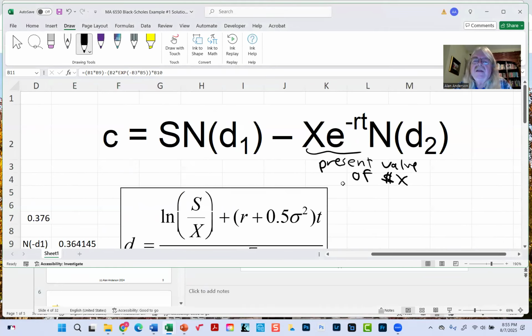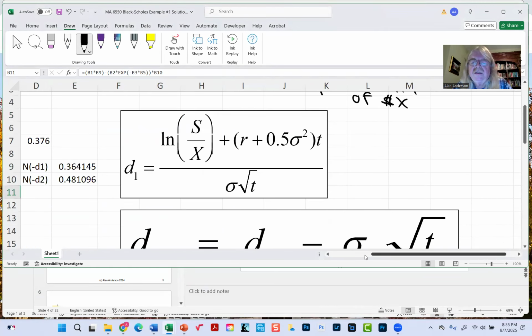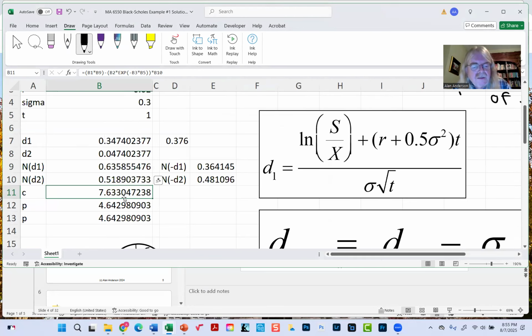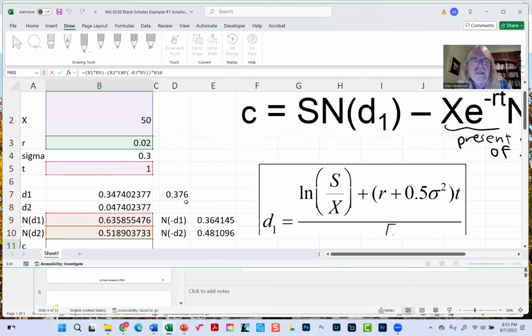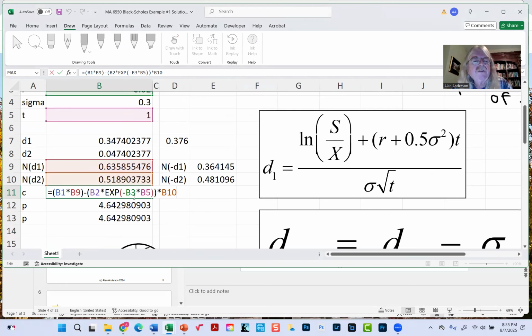So the command in Excel for that is a little bit tricky. It's EXP. EXP is e raised to that power that's in the parentheses. So we need to have EXP of negative RT, times X. This is R. This is T. It's negative, as you see.